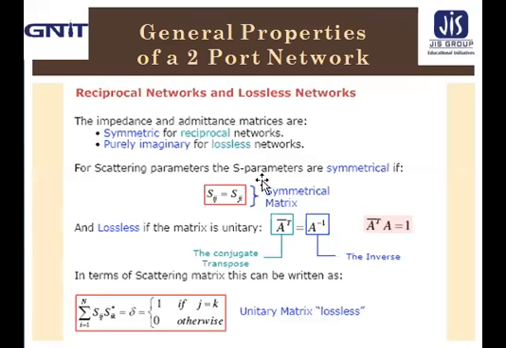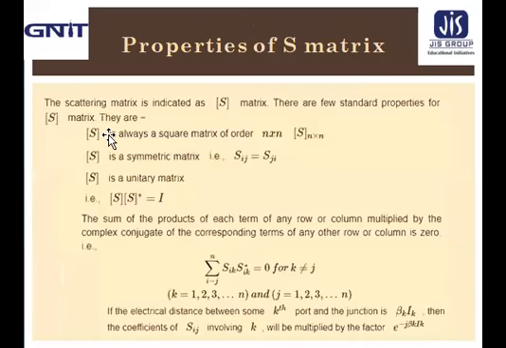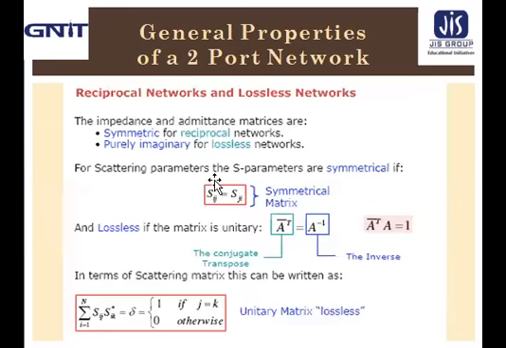For scattering parameters, the S parameters are symmetrical if Sij equal to Sji, which I have discussed in previous slides. That was the property of an S matrix, that S is a symmetric matrix, that is Sij equal to Sji. That is a symmetrical matrix. And lossless if the matrix is unitary.